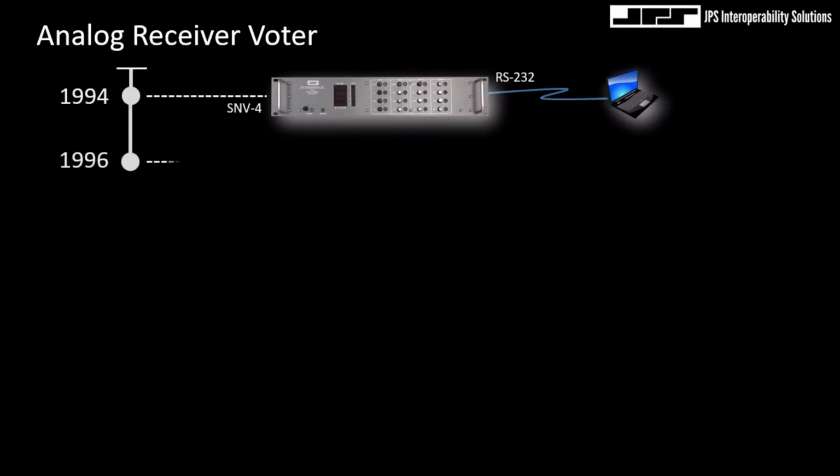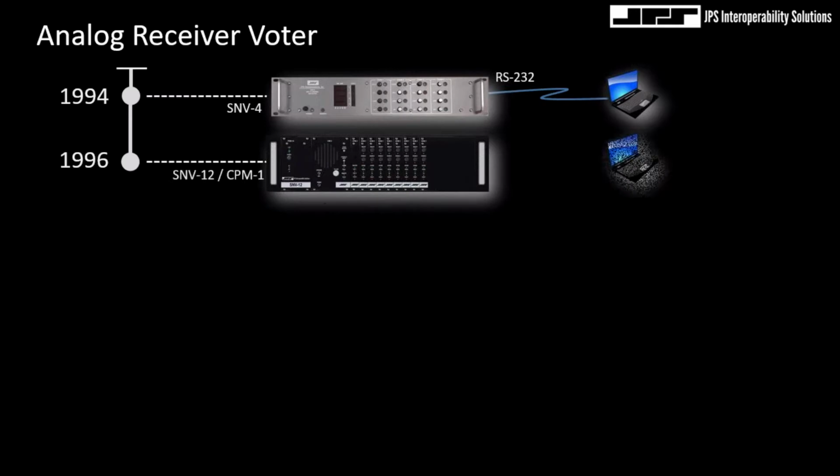And to this day, the RS-232 serial interface is standard on every SNV-12 coming out of our factory. And this serial interface is really still widely used for maintenance, and in lots of cases serves as an interface for dispatch consoles. And in 1996, the ever popular SNV-12 was introduced.